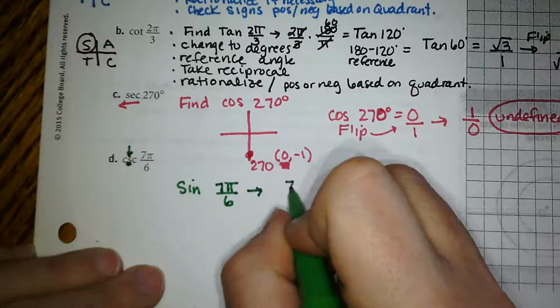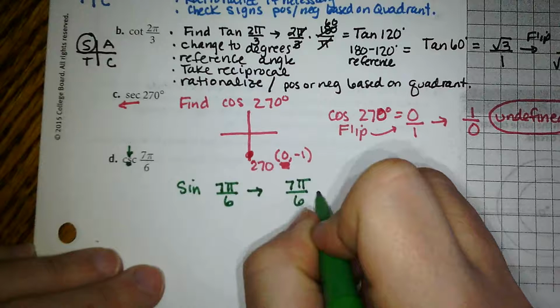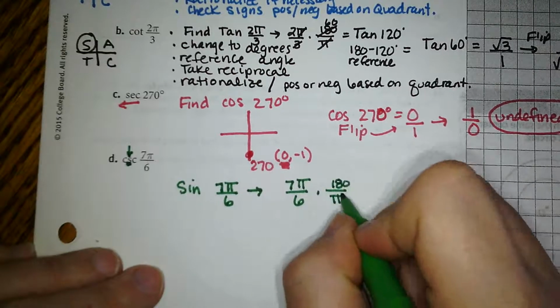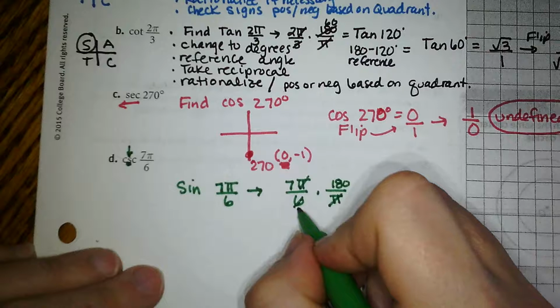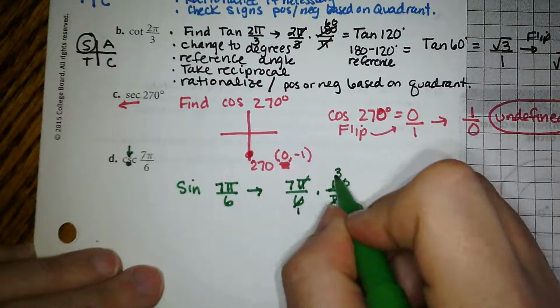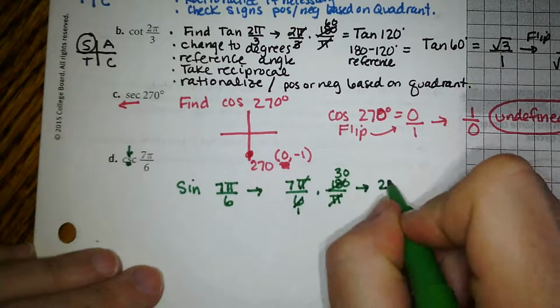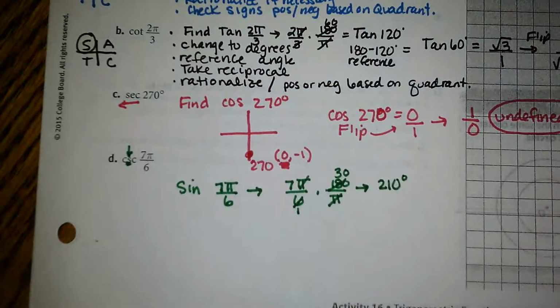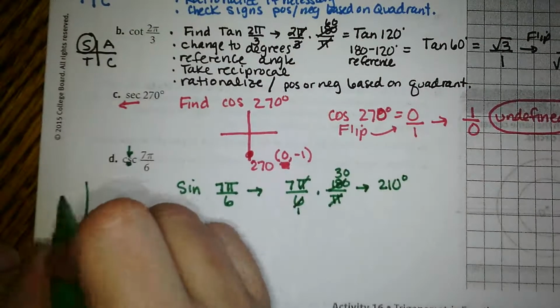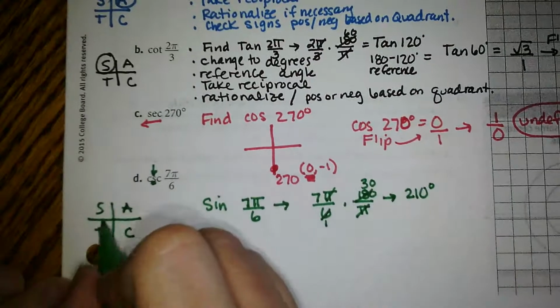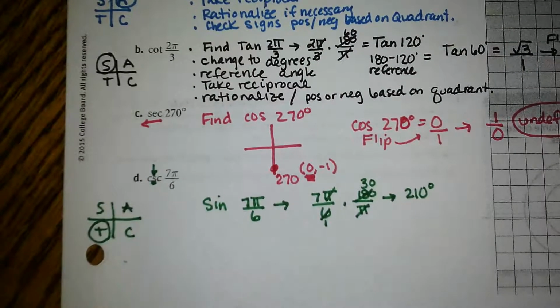Let's get our conversion factor, which means pi's on the bottom. The pi's cancel. 6 goes into 180 30 times. And 7 times 30 is 210. So let's look here. 210 is a quadrant 3 angle.